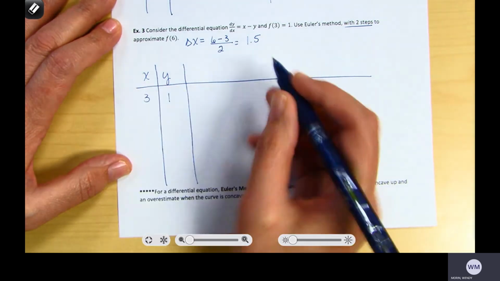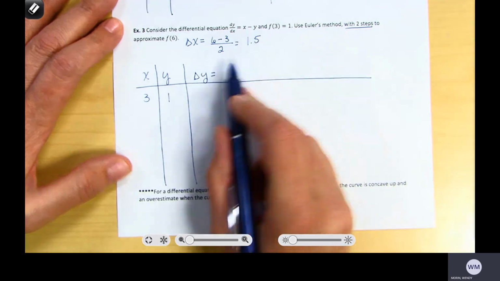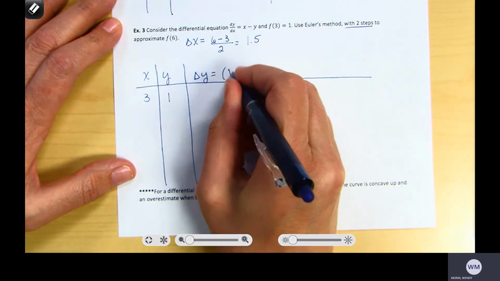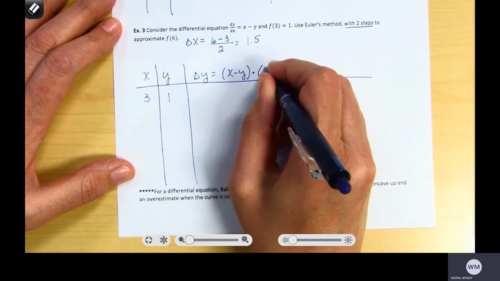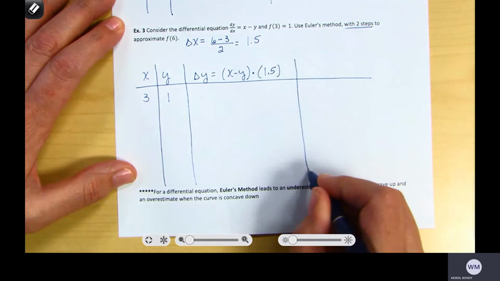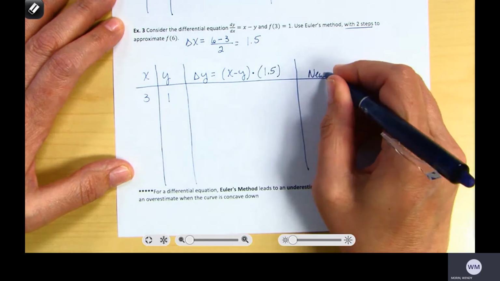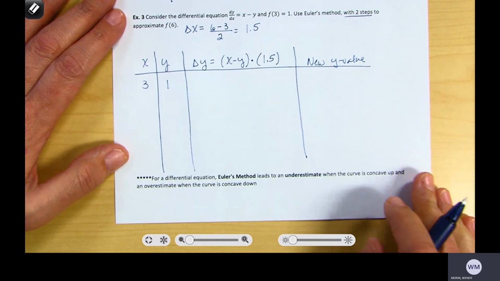The given y value is 1. So our change in y is calculated by dy/dx. In this case, it's x minus y times our change in x, which is our step size of 1.5. And that will give us our new y value.